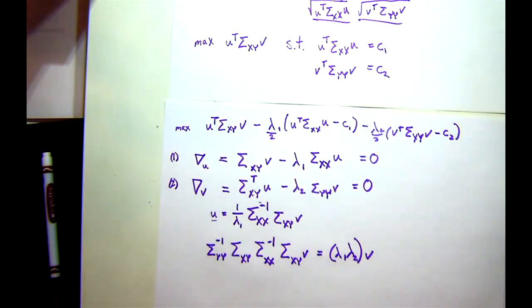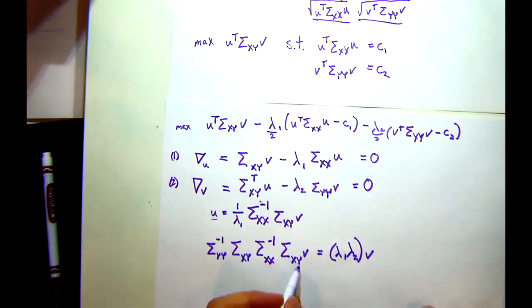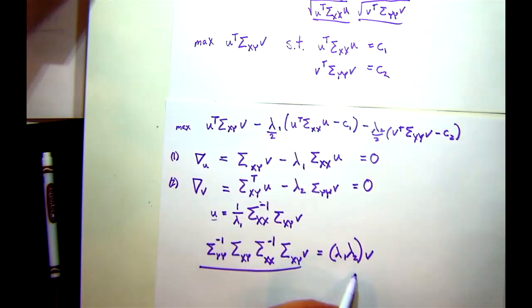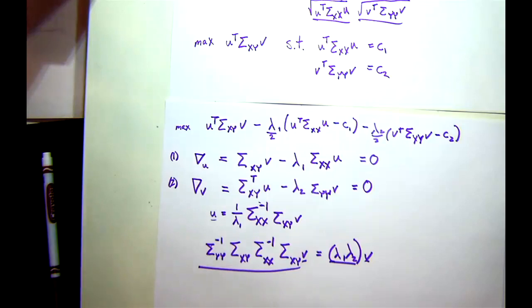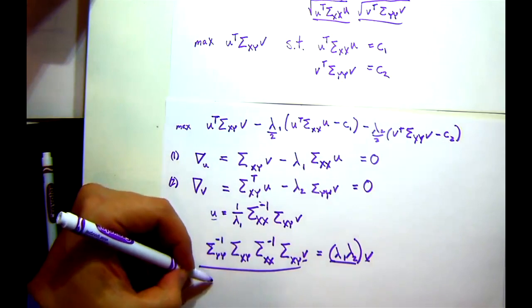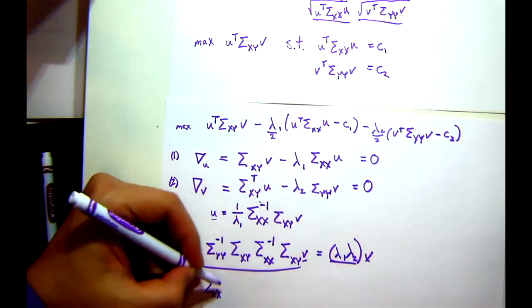Now, that formula right there is very similar to something we've seen before, which is the eigenvalue decomposition. This matrix we actually know is symmetric, which is why we could take the inverses, because each of those pieces were symmetric. And so we're trying to find some vector times some set of values, which is going to be some eigenvector decomposition. Similarly, we can find the u.